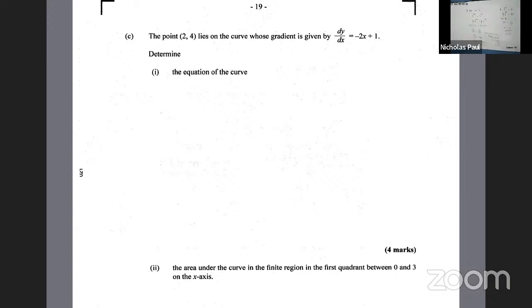Right, let's see how this one goes. They want you to integrate minus 2x plus 1 with respect to x, right? That'll give you y. So that'll be minus 2x squared over 2 plus x plus c. So y is equal to minus x squared plus x plus c. We need to get c, right?